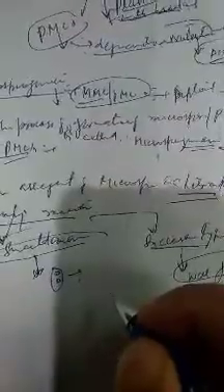But in simultaneous type, both the cytoplasmic divisions take place simultaneously. That means the first meiotic division is not followed by wall formation. It results in the formation of a binucleate cell, and when this binucleate cell divides further, it produces a tetranucleate cell.